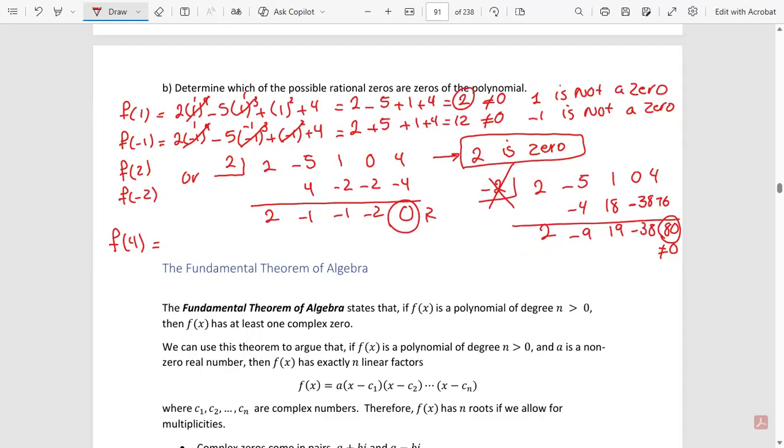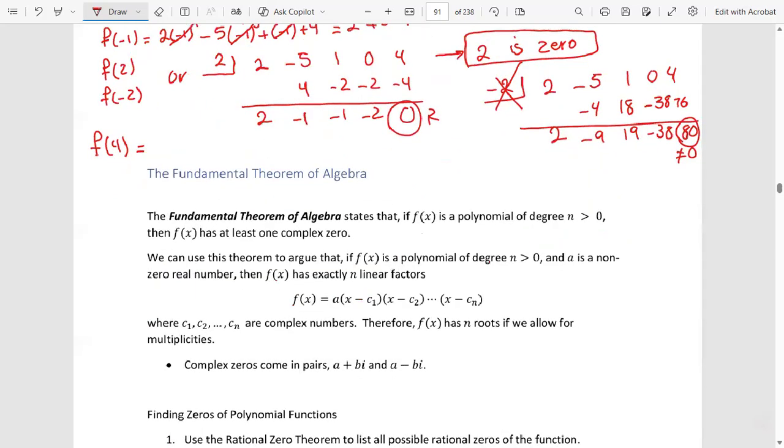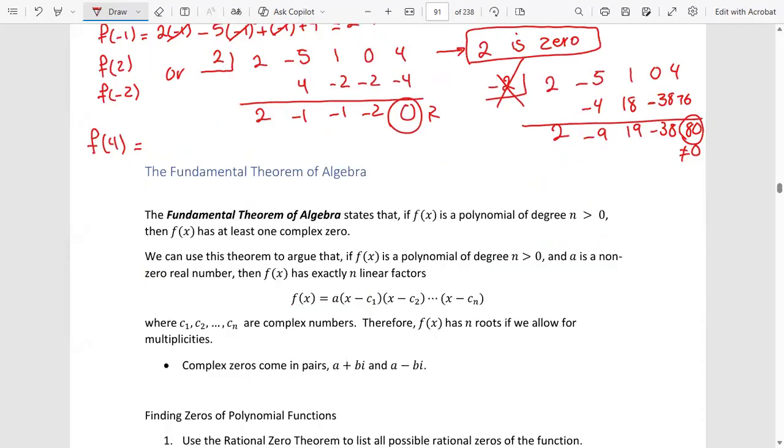And the last theorem that we learned in this part is called the fundamental theorem of algebra. So far, the other three theorems tell me how I can find the factors of a polynomial.